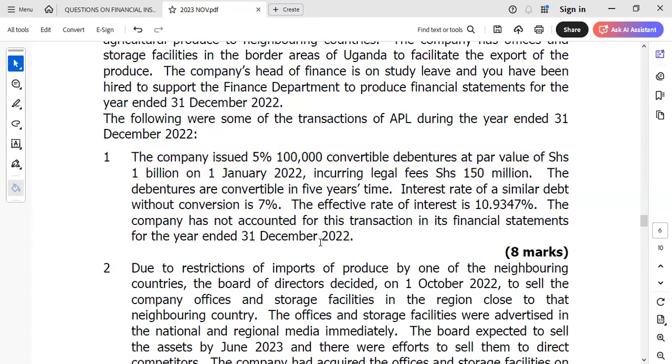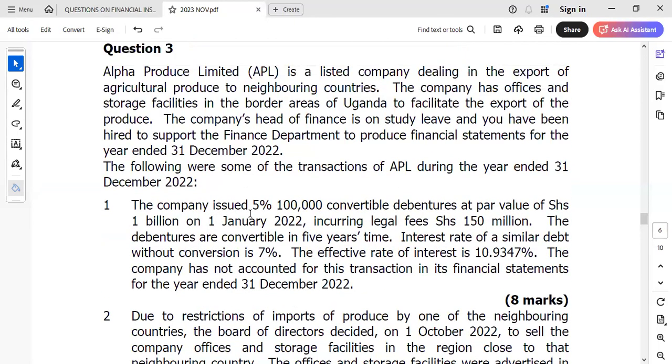And they are telling us that the company issued 5%, 100,000 convertible debentures at par value of shillings 1 billion, on 1st January 2022, incurring legal fees of shillings 150 million. These debentures are convertible in 5 years' time.